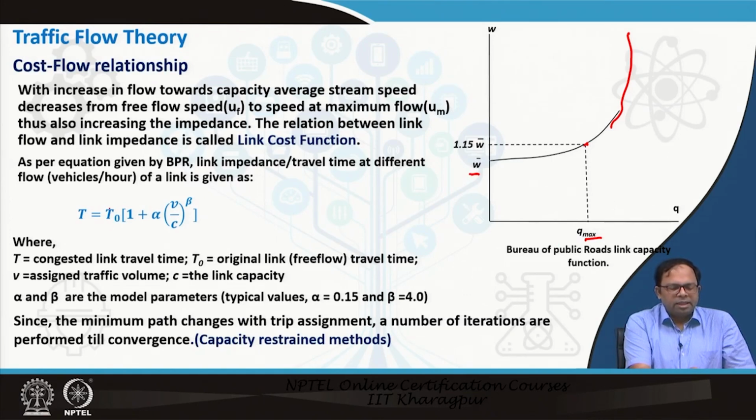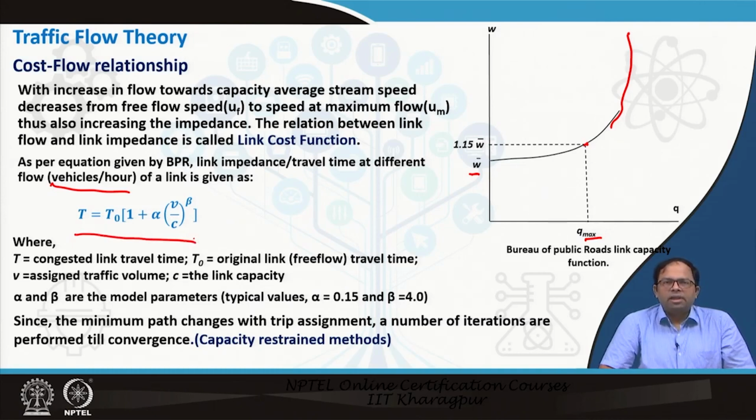The general equation given by BPR, Bureau of Public Roads, gives link impedance, the travel time at different flow in vehicles per hour of a link, using this formula, where T is the congested link travel time, T0 is the original link travel time which is the free flow time, V is the assigned traffic volume and C is the link capacity.